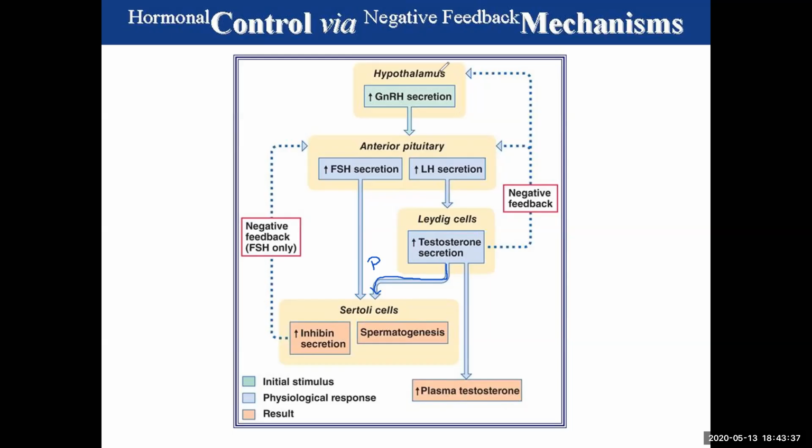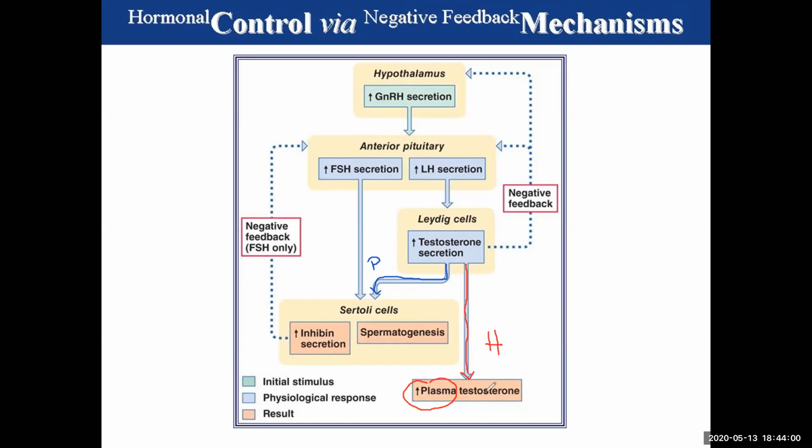Whereas this arrow, testosterone is acting as a hormone. H stands for hormone. So testosterone as a hormone is released into the bloodstream. So plasma here means it's being released into the blood plasma.